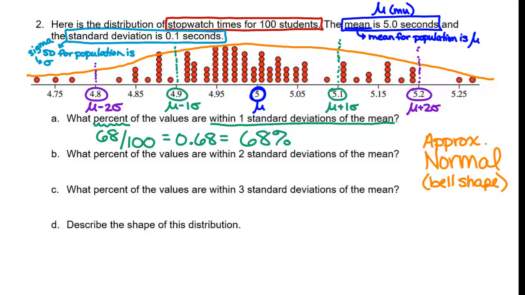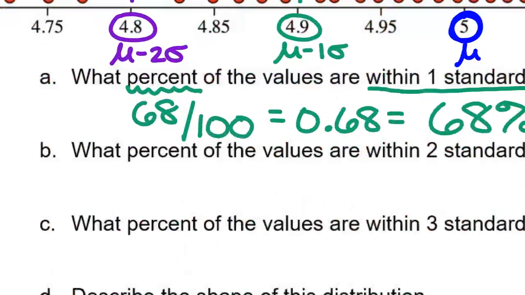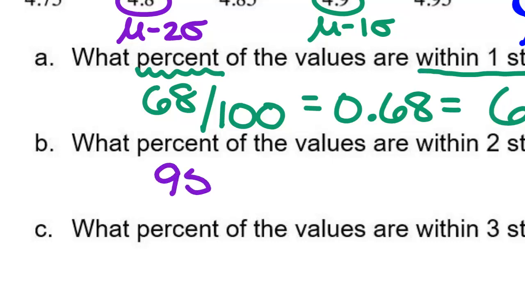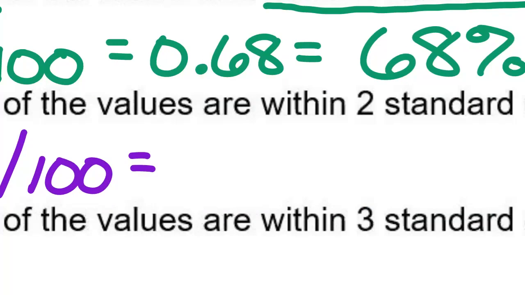How many dots are there? 95. Out of 100. So what's my percent? 95%.